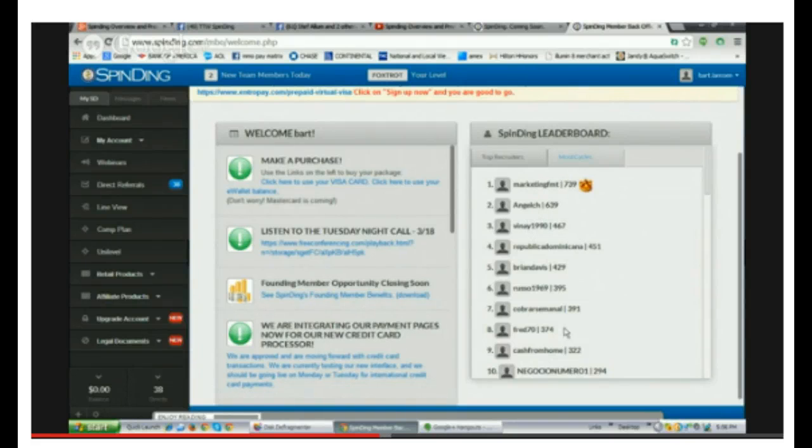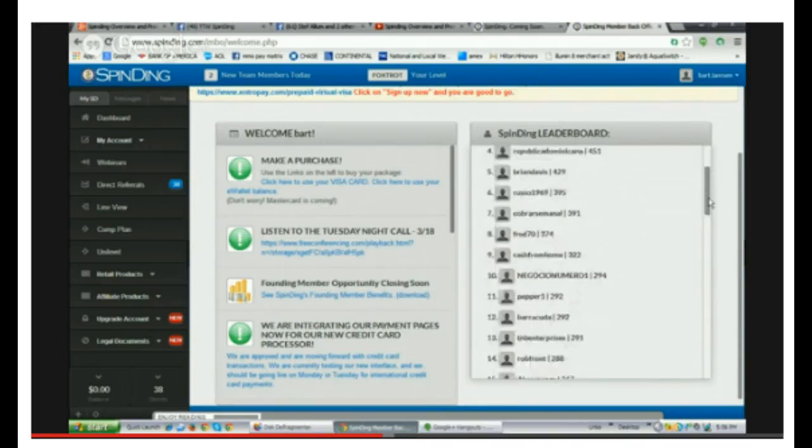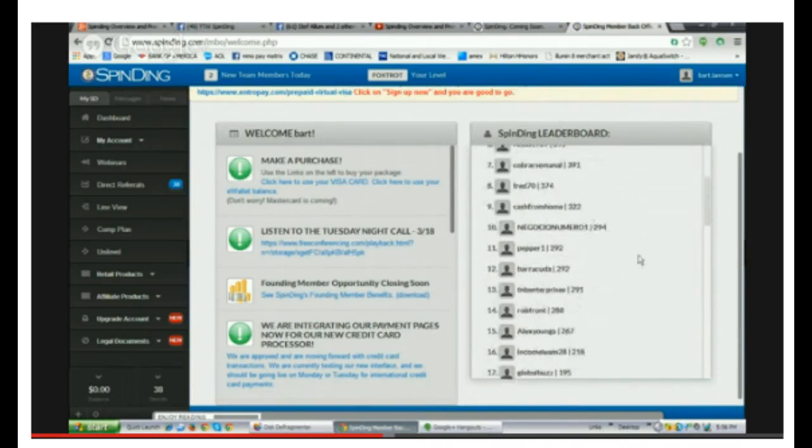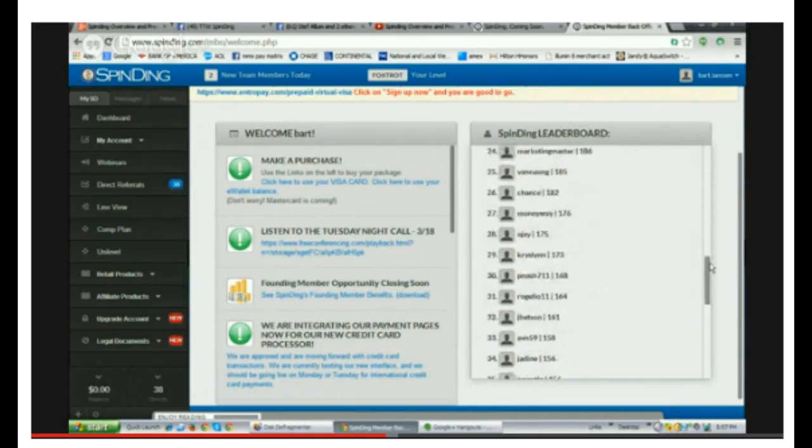Cobral, I can't even say this word, but I believe this is Spain. You've got plenty of the English names as well, and here you have another Spanish name. And some other people, but there's a lot of Spanish people in this, and I think that's where this really gets to be crazy.